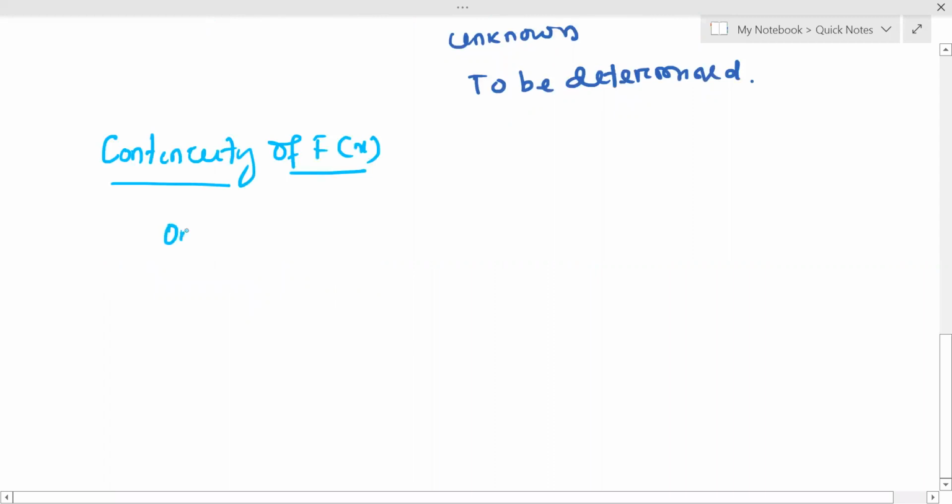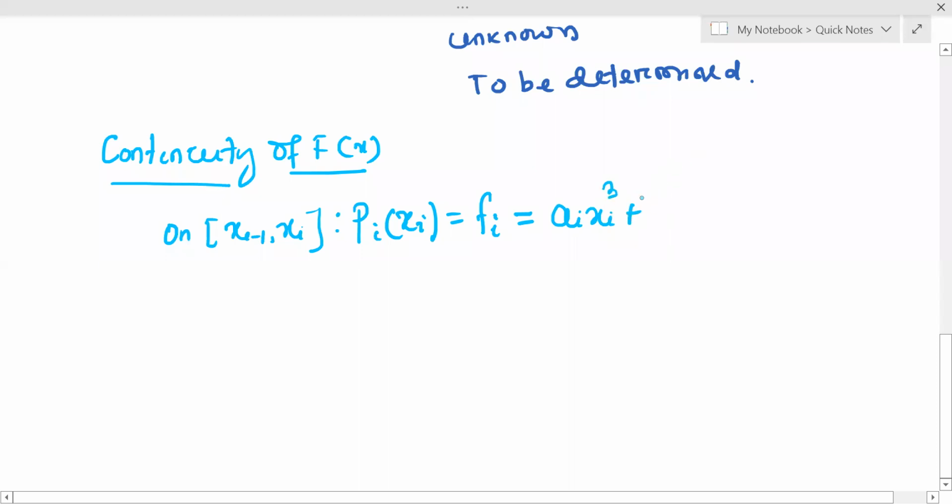The first interval on xi minus 1 to xi: pi xi is equal to f of i, which is equal to ai xi cube plus bi xi square plus ci xi plus di.